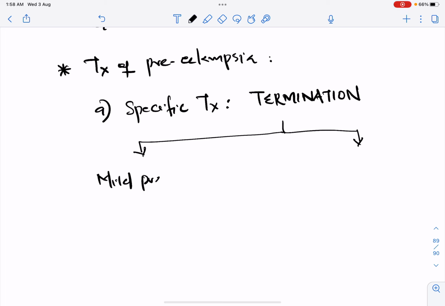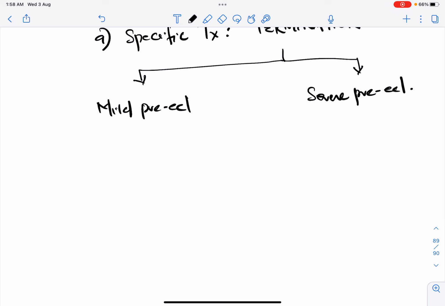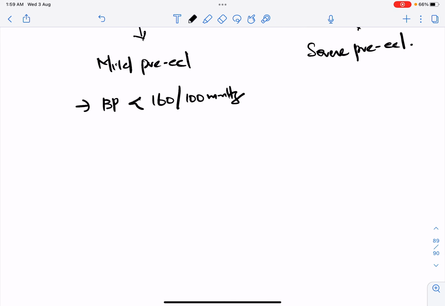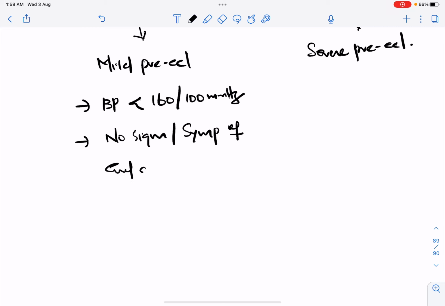Is it mild preeclampsia or severe preeclampsia? The criteria for mild preeclampsia is that BP is elevated, but the BP should be less than 160/100 mmHg, okay, and there should not be any signs or symptoms of end organ failure.